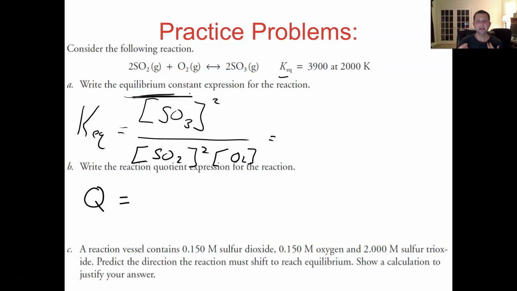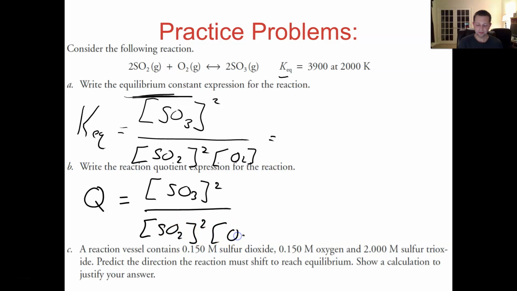Q is at any point in time during your chemical reaction in general. So Q is equal to products over reactants. Same thing: SO3 squared over the concentration of SO2 squared times the concentration of O2.